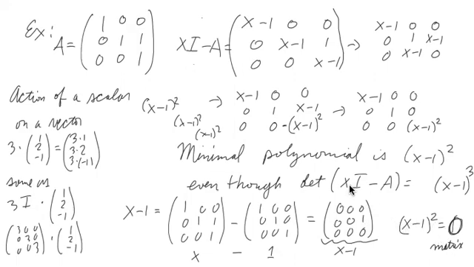Little terminology. The determinant of xI minus A is actually called the characteristic polynomial of the matrix A. We can notate that, or we can just say the characteristic polynomial or the characteristic of A, however you want to think about it.